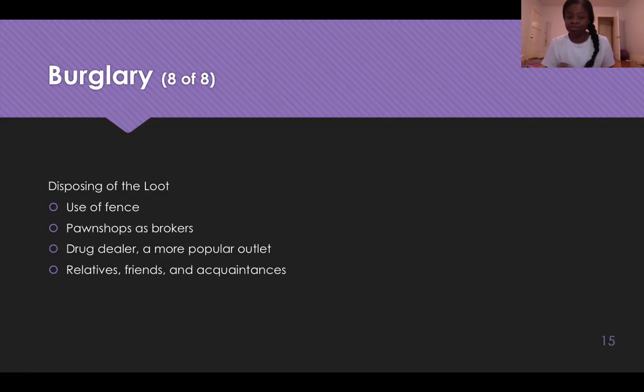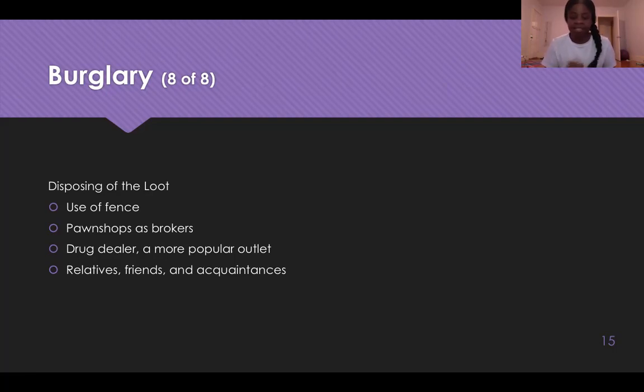Disposing of the loot. Burglars turn to a variety of sources to dispose of the loot, including the use of fences. A fence is a person who regularly buys stolen property and who often has a legitimate business to cover those types of illegal activities.